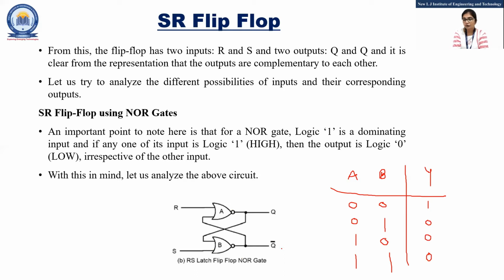Because there is no dominating input. We will get the previous state at the output terminal, means there is no change in the state of Q and Q dash. So whenever we apply 0, 0, the output of the RS flip-flop will be stable, means we will get the previous output as it is.